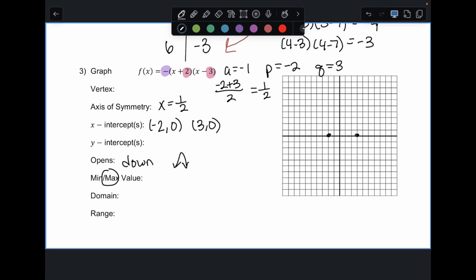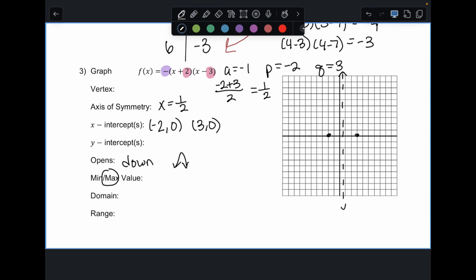So x equals 1/2 is my axis of symmetry. It's going to be a little weird to draw, but it's right here, in between 0 and 1. Okay, I have my axis of symmetry.